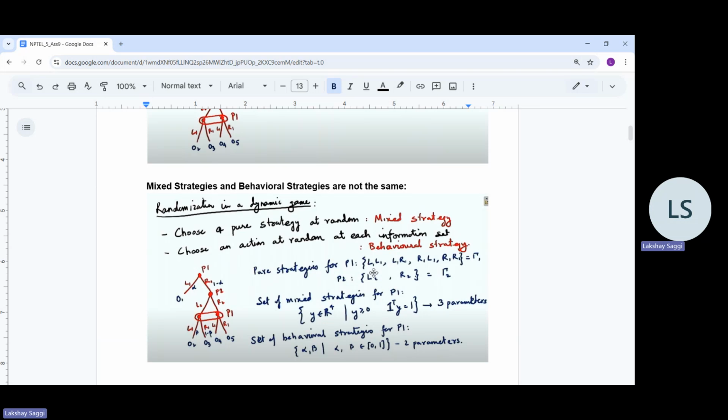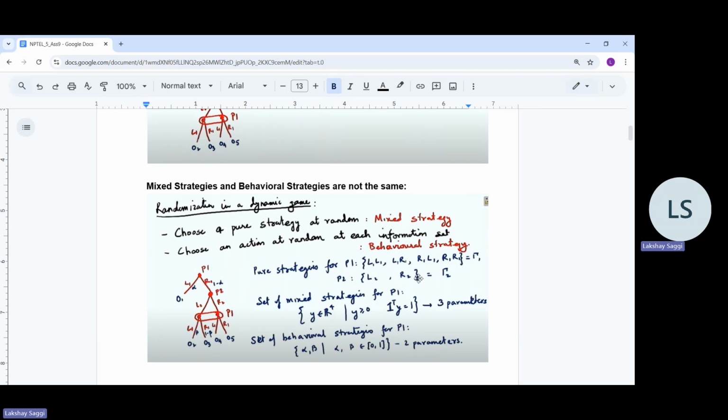There are two information sets for player one, this one initially and this one, and in both the only possible actions are L1 or R1. So one strategy is L1 L1, meaning both information sets play L1. L1 R1 means first play L1 and then play R1. Similarly, R1 L1 and R1 R1.